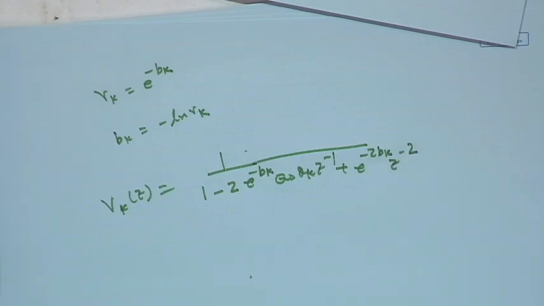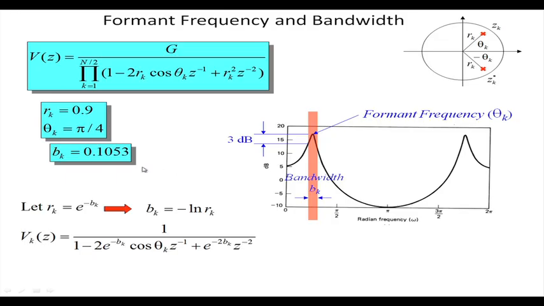Now, the importance of this B_k is that it produces the bandwidth, and theta_k gives the formant position.